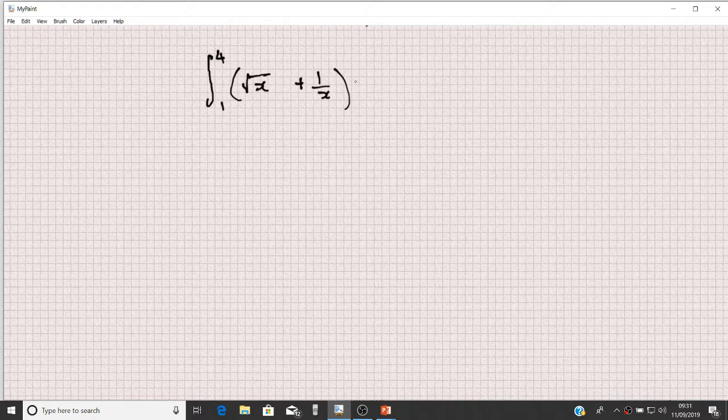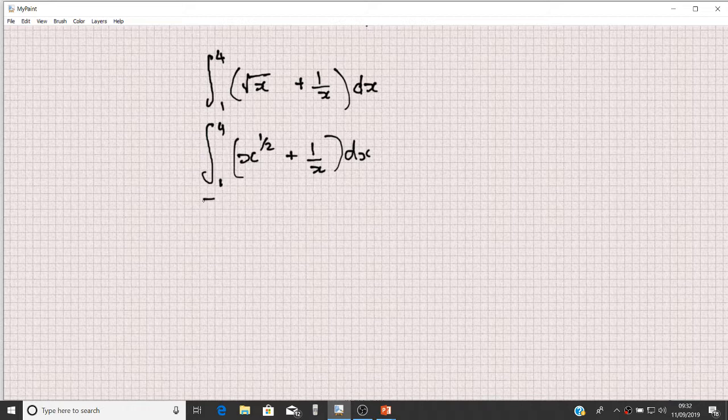Now again, we will use the formula book, but we need to rewrite this problem so we can use the formula book formulae. So I write the square root of x in power form, x to the power of a half, plus 1 over x dx. I'll put my brackets in there.